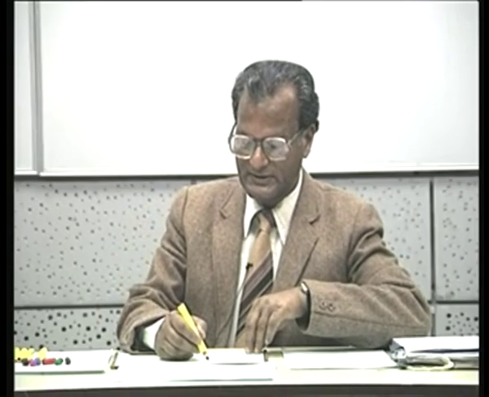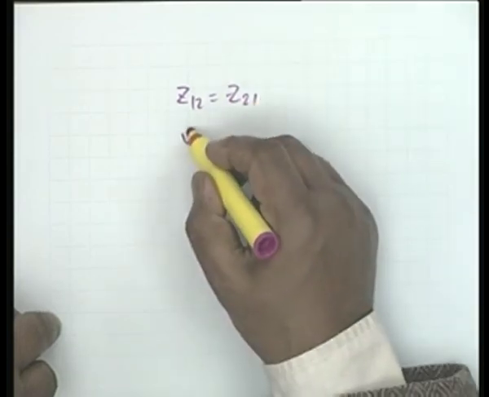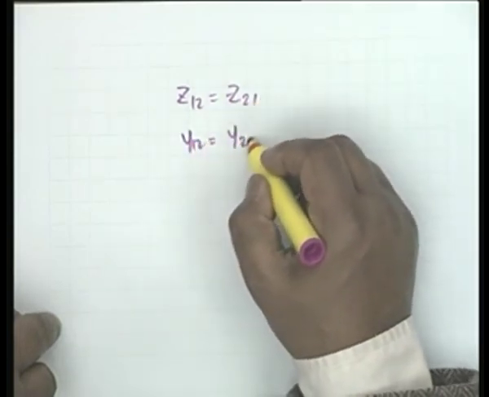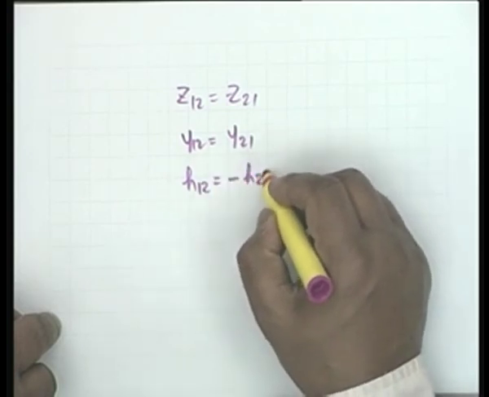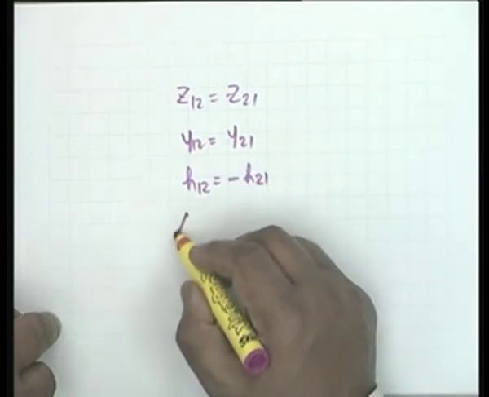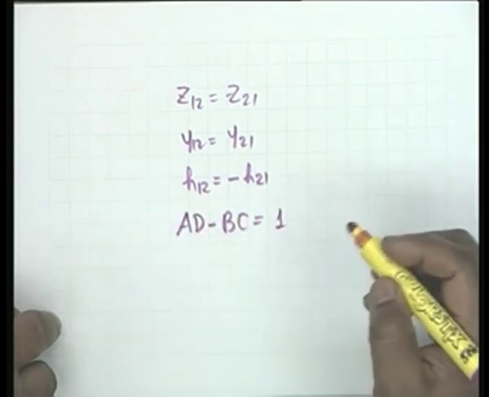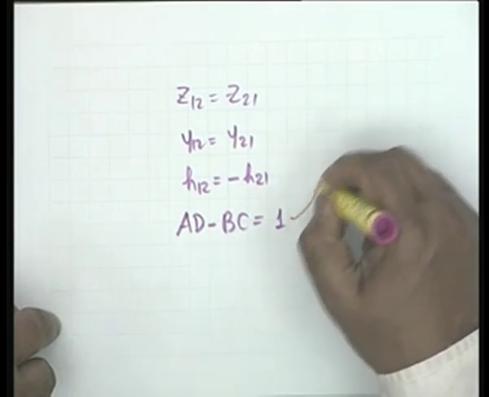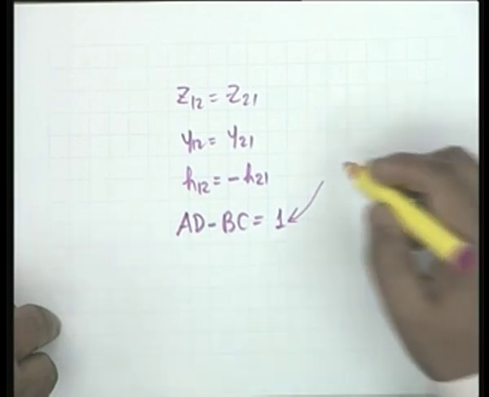To summarize, our condition for reciprocity is Z12 equal to Z21, Y12 equal to Y21, H12 is minus H21, that is a negative sign, and in terms of transmission parameters it is AD minus BC equal to 1. You see that this is the only set of parameters in which all the 4 parameters are involved.